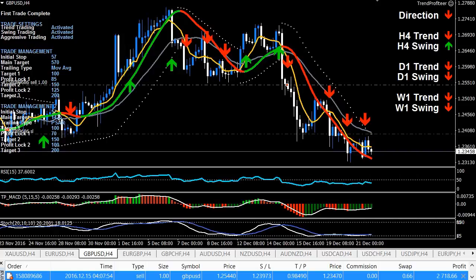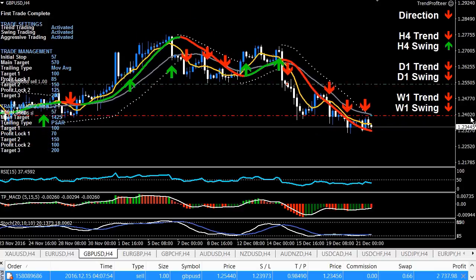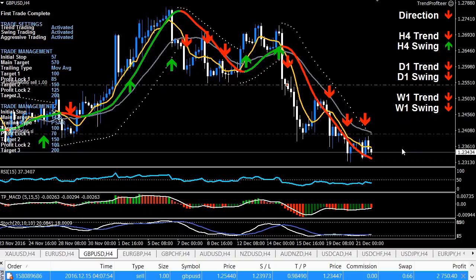Alrighty, so $2,718 on my open trade, $2,292 on my closed trade. The price has been consolidating a bit, but my stop has continued to move down, locking in more profits, even though it's been consolidating. It's just the way this trailing methodology works, and that's a good thing, because when price consolidates, there's a heightened risk that it's going to reverse and go the other way.